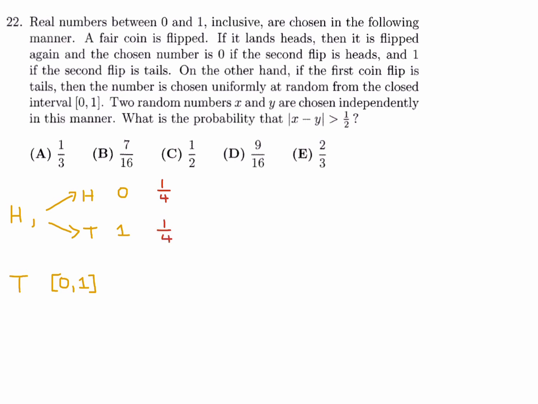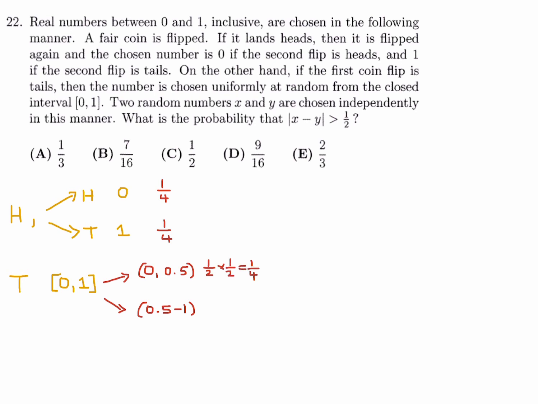And now these guys, I'm going to break these up into 2 because that's what's going to help us in the question. We can either choose something that's between 0 and 0.5, or we can choose something that's between 0.5 and 1. And each of these has a probability of 1/2 times 1/2, which is 1/4.